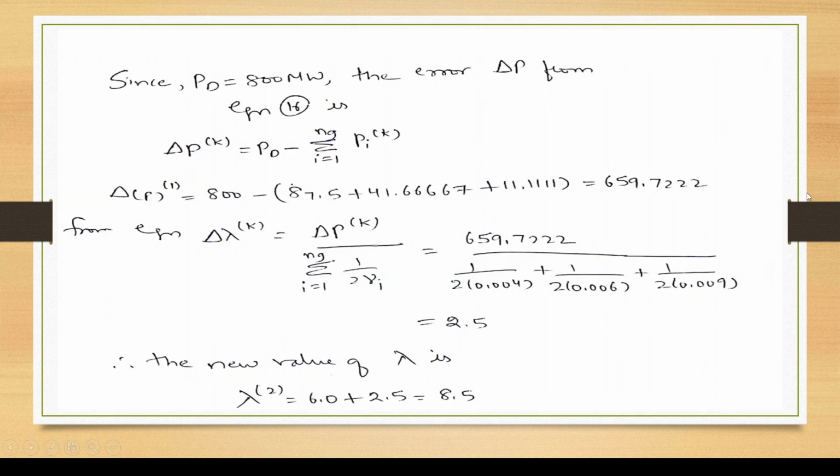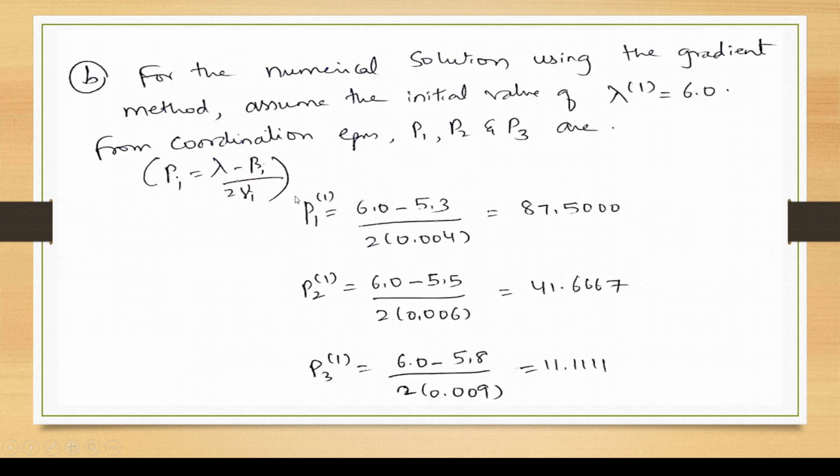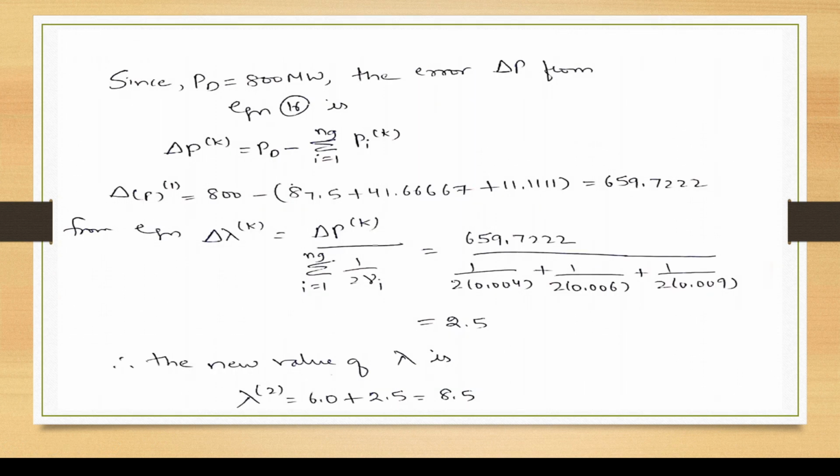PD is 800 megawatt, and the error delta Pk is equal to PD minus summation i equal to 1 to Ng Pik. That is 800 minus the new P1, P2, P3 values we found here, 87.5, 41.6, 11.11.